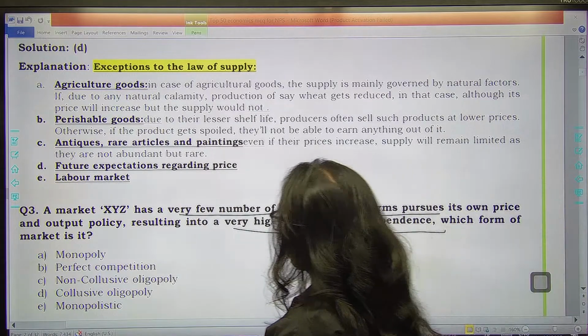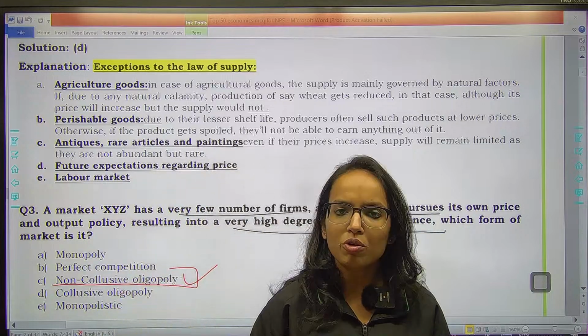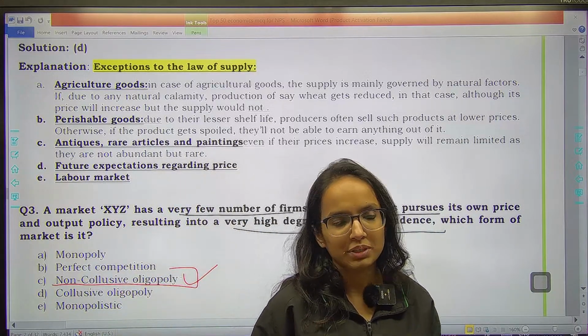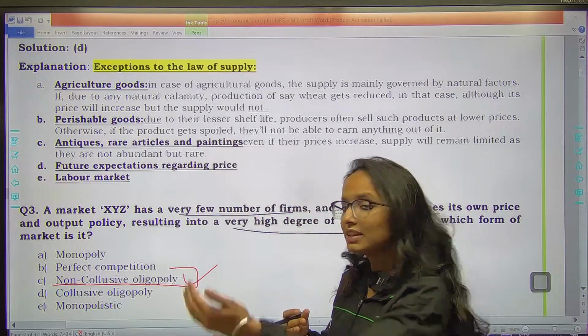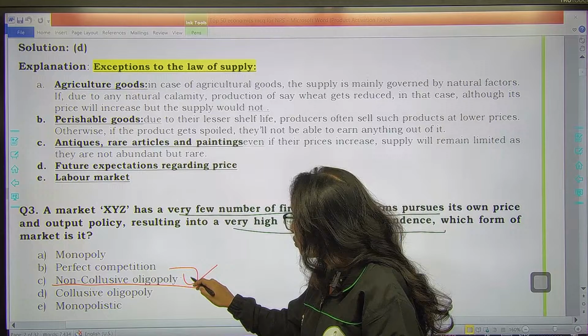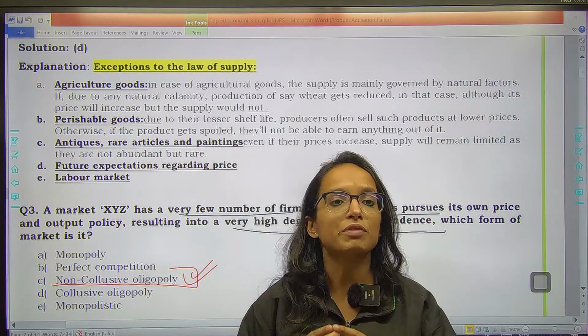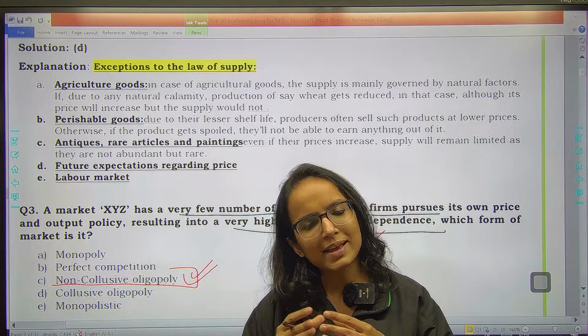Very good. The correct answer is option C, non-collusive oligopoly. This is an oligopoly form of market. You all know oligopoly means there is a high degree of interdependence. But there are two further classifications in oligopoly, collusive and non-collusive. Non-collusive oligopoly is where they have not formed a cartel with each other. They are operating their separate policies.